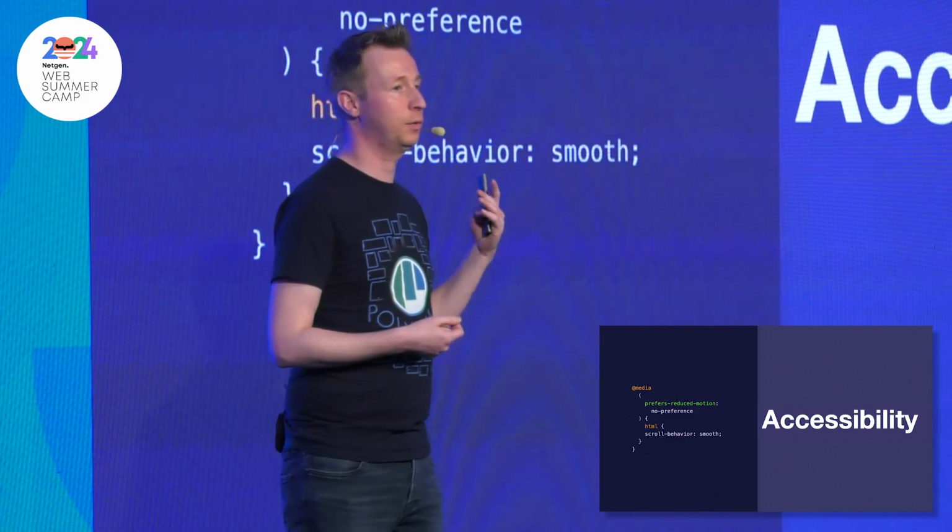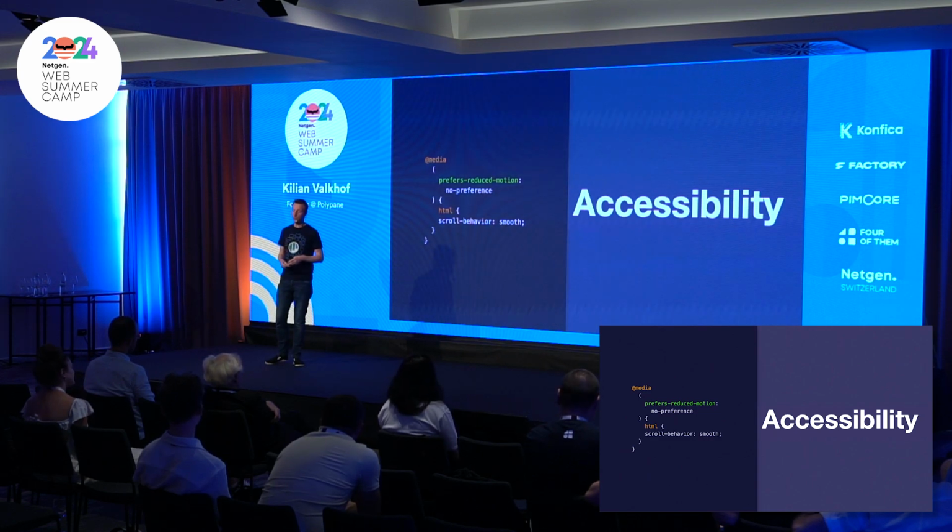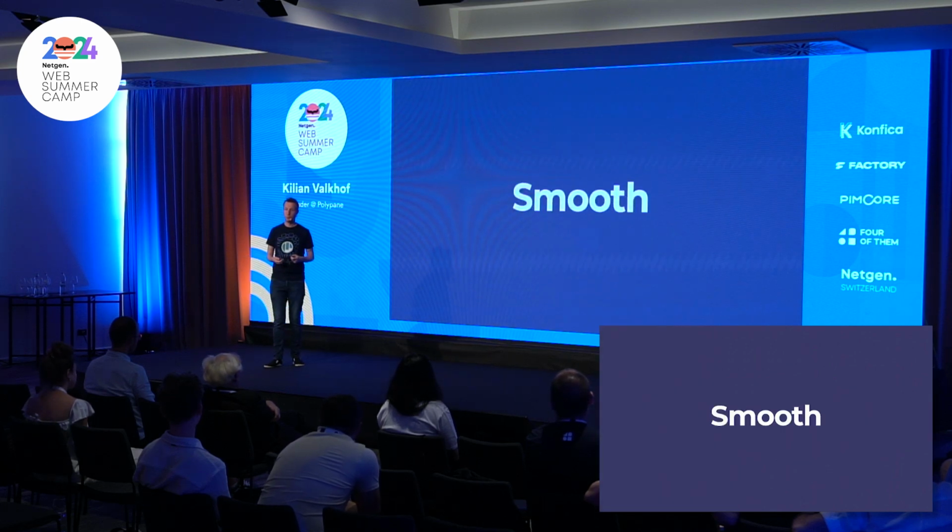So when there's prefers-reduced-motion: no-preference, then we add smooth scrolling. That way we cater to everyone. Smooth. We now have a native smooth scrolling for the people that want that, and no smooth scrolling for the people that don't, and we're not shipping any JavaScript.